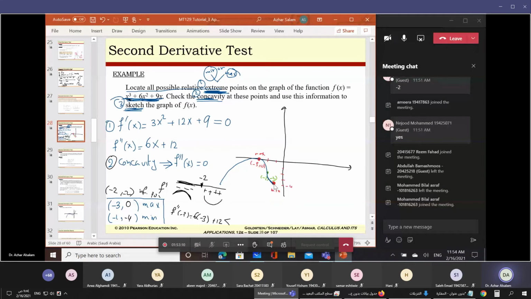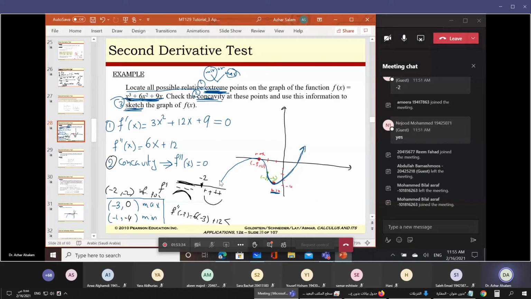Okay. Until this point, I said that it's a minimum, so I stop here and start to increase the function. I will increase the function like this and keep the concavity up. It will be concave up.